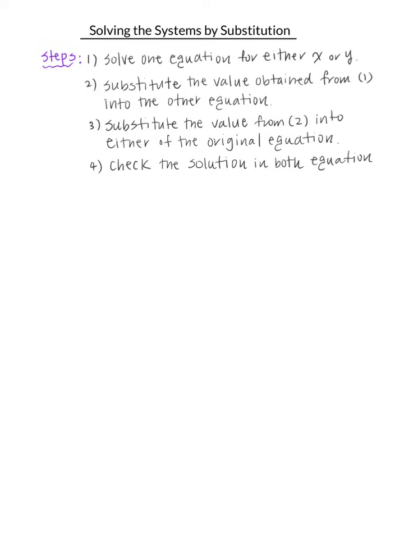It doesn't matter which one you take or which variable you solve for. Number 2: substitute the value that you just got from step 1 into the equation that you have not touched yet. And number 3: substitute the value that you get from step 2 into either of the original equations to find the value of the other variable.